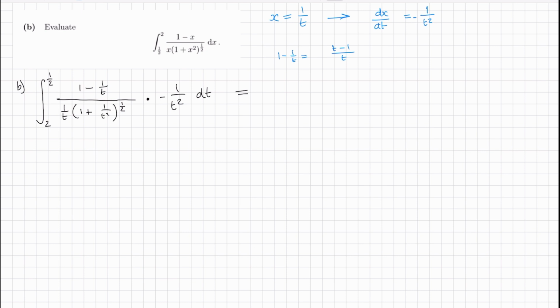So, using this, we then have that same integral, same limits, of t minus 1 on the numerator, because if I just expand this a bit more, this is t minus 1 times 1 over t. And we have a 1 over t in the denominator, so those can cancel.